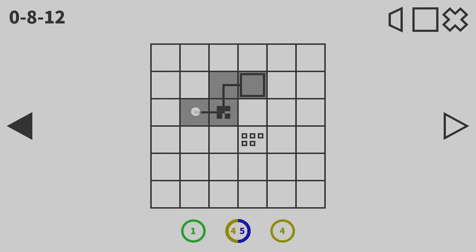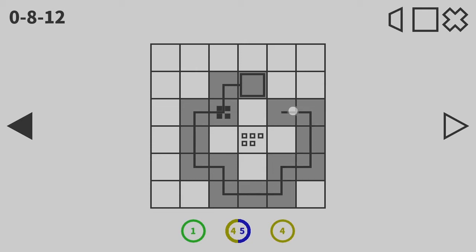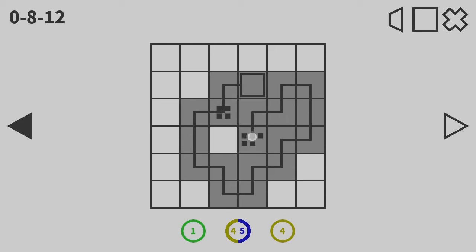So what if I just do something like this? Let's make a very blobby shape, without holes in it, ideally. 1, 2, 3, 4, 5, 6, 7, 8, 9, 10, 11, 12, 13, 14, 15, 16, 17, 18. Let's add those on as well. Slightly different blobby shape.